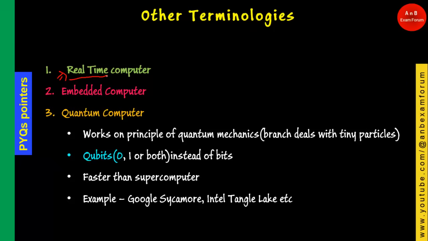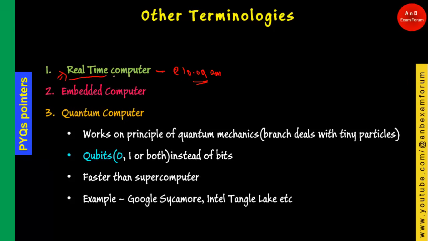For example, I want to book my ticket at the railway counter, and if I am booking the ticket at say 10 a.m., the output should be at exactly 10 a.m., not 10:01 a.m. Even 1 second is not tolerated in a real-time computer.